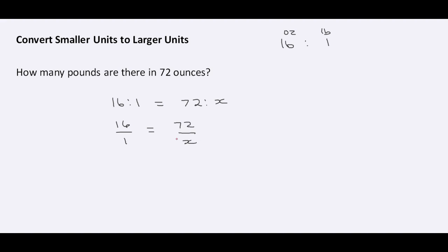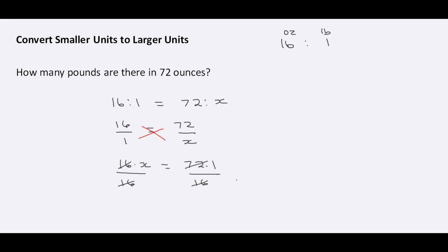Let's go ahead and use our cross product approach. And so we have 16 multiplied by x is equal to 72 multiplied by 1. We divide both sides by 16 to isolate the x, or to keep the x by itself. So this crosses out. And now we have 72 divided by 16. So let's reduce these fractions.